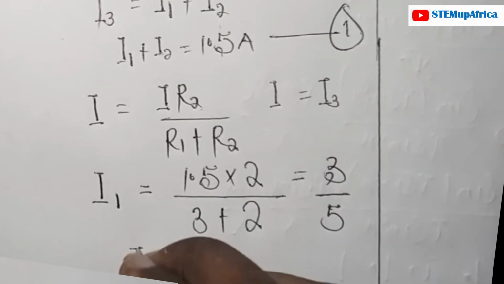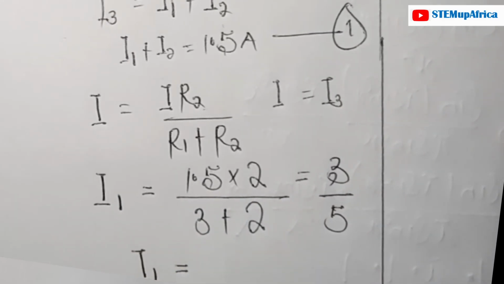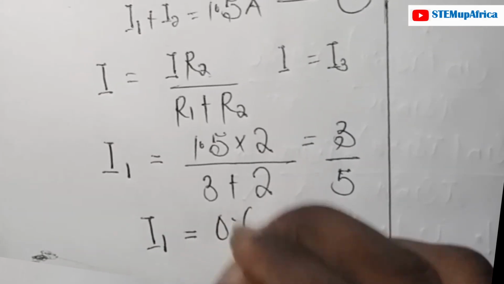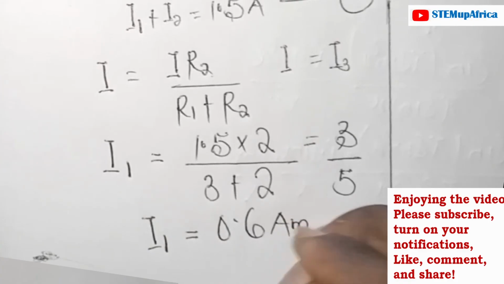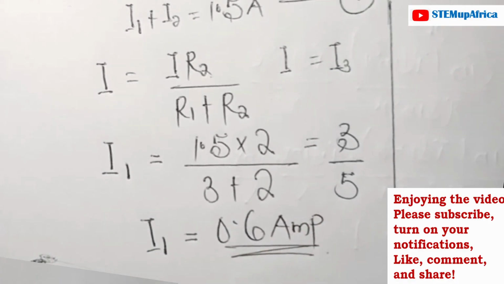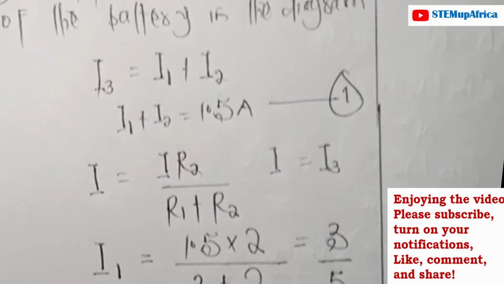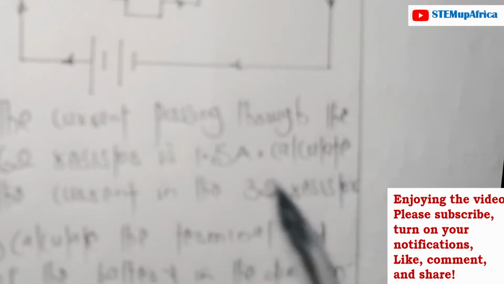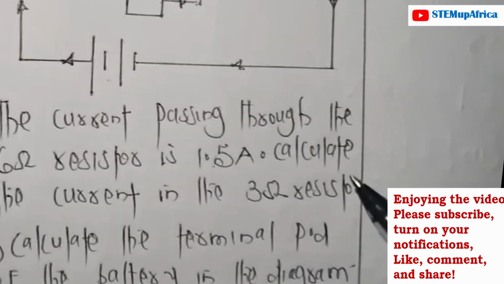So what is now the value of I1? If I divide 3 by 5, that will give us 0.6 ampere. Let's assume we are also asked to find I2 from the question.